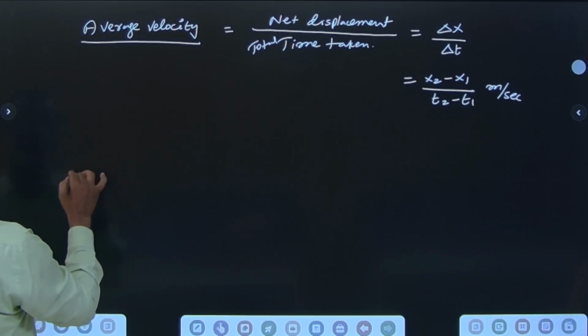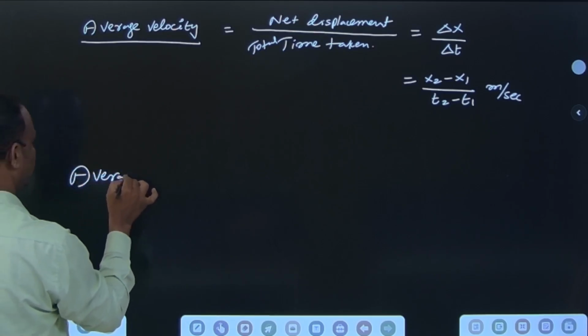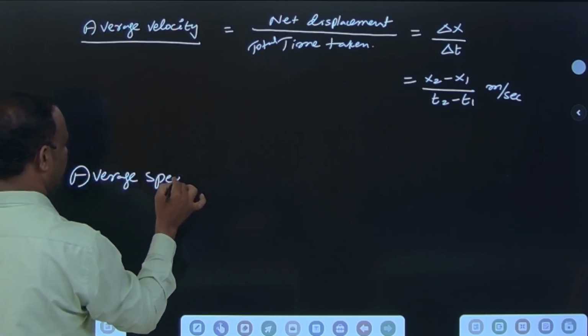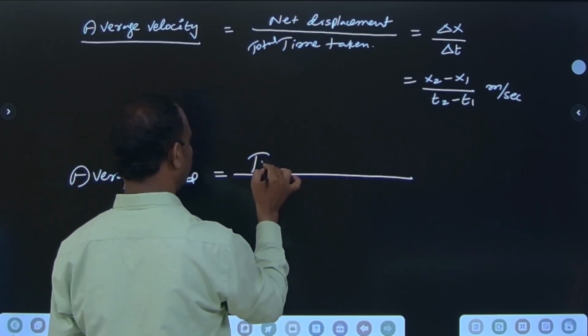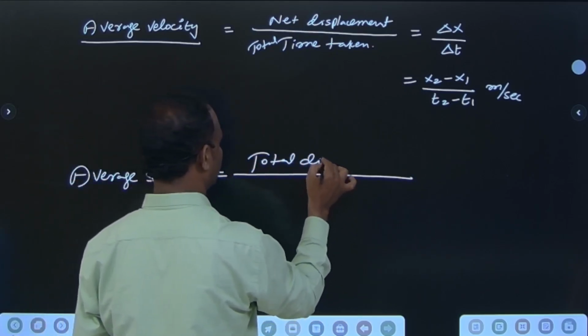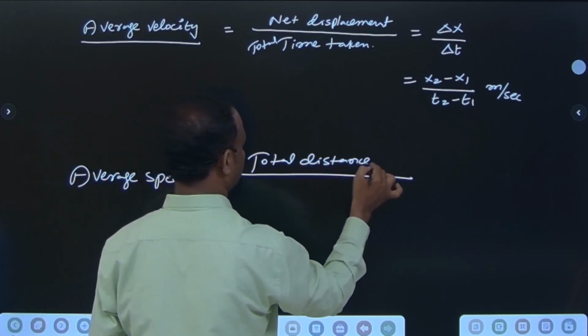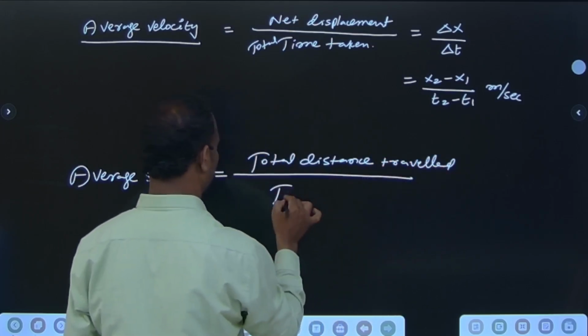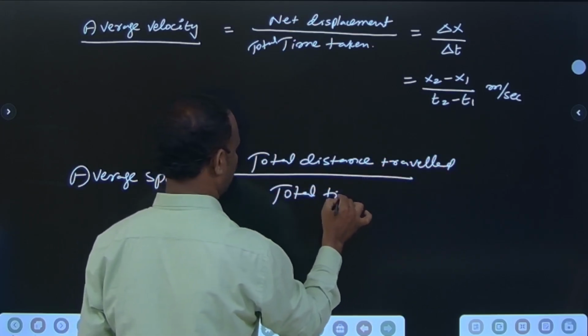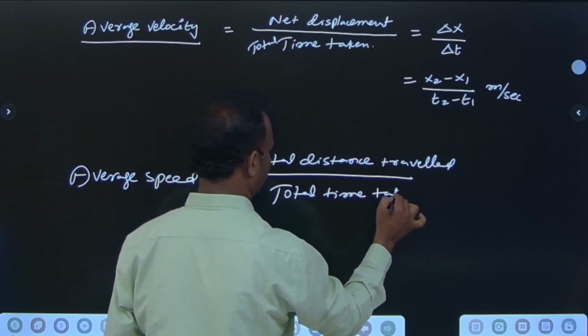Next one is about average speed. Average speed is equal to total distance traveled by total time taken.